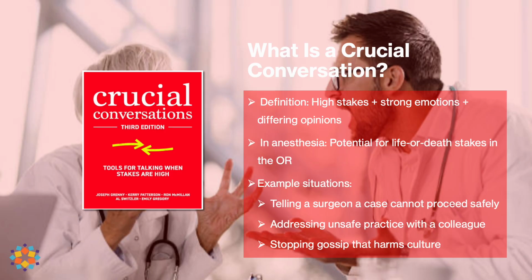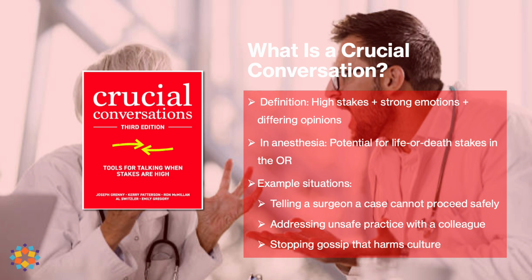A crucial conversation is one where the stakes are high, emotions run strong, and opinions differ. In anesthesia, that happens often. Our role is to deliver a service, and that means helping the patient and surgeon proceed safely. Sometimes that requires adjusting our anesthetic technique or working through alternatives to support the surgeon's goals.